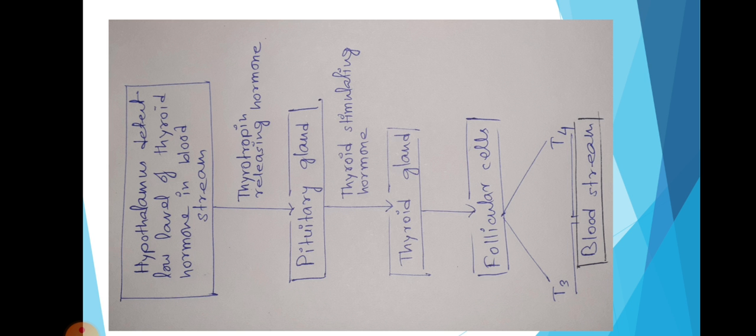It also improves the digestive system. So thyroid hormones are very important for our body, and also very important for newborn infants. They should have proper thyroid hormone secretion for their proper body growth and development.